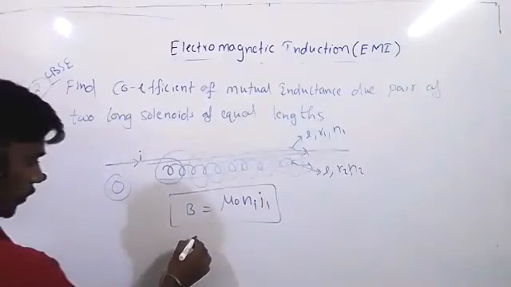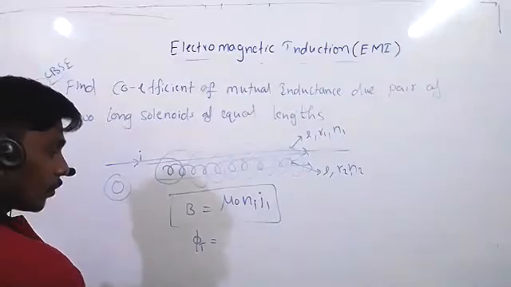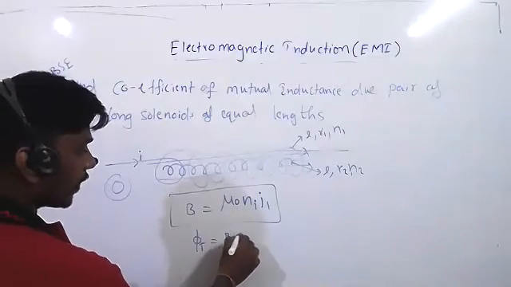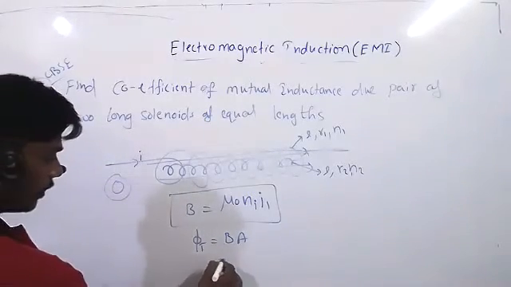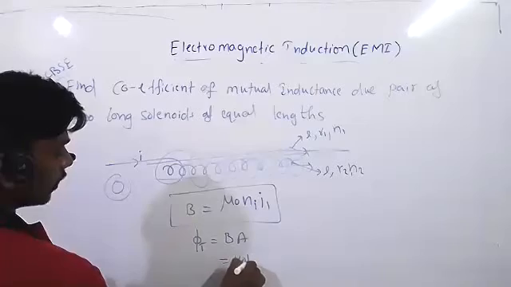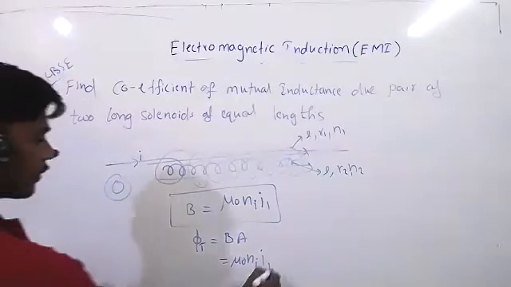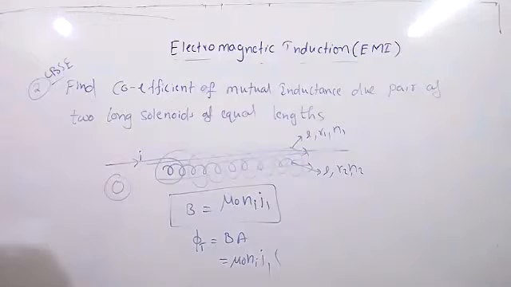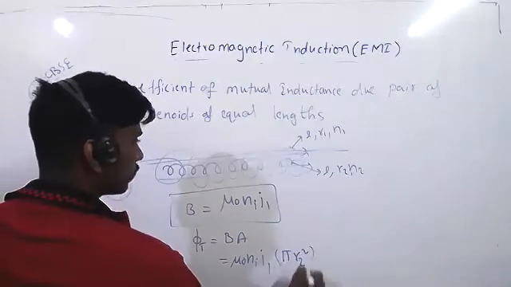Now the flux. Total flux in the second coil is BA cos theta. We take theta as 0, so cos 0 equals 1. Then B is due to the first coil, mu naught N1 I1, times A. Now what is the area? Pi R2 square.